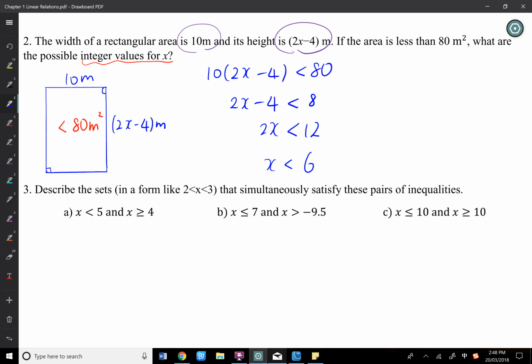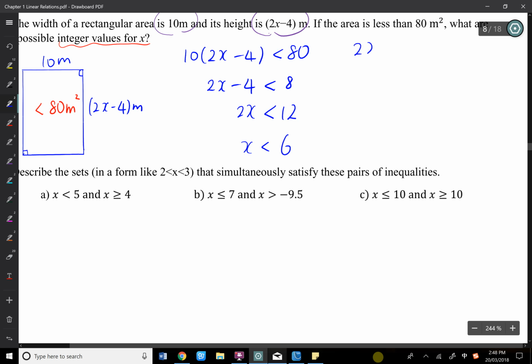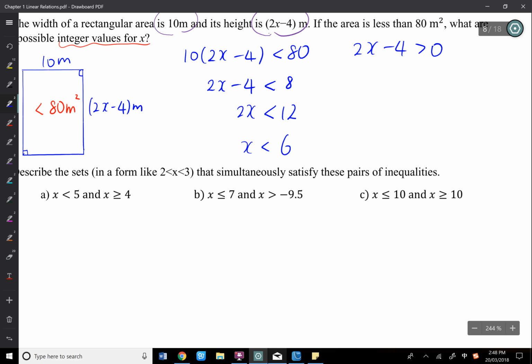So we have a restriction on the height as well. If you sub in 2, what does that become? 0. We can't take it. We have another restriction, which is that 2x minus 4 needs to be greater than 0 as well. Because when x varies, there's a possibility your height is not a positive number anymore.